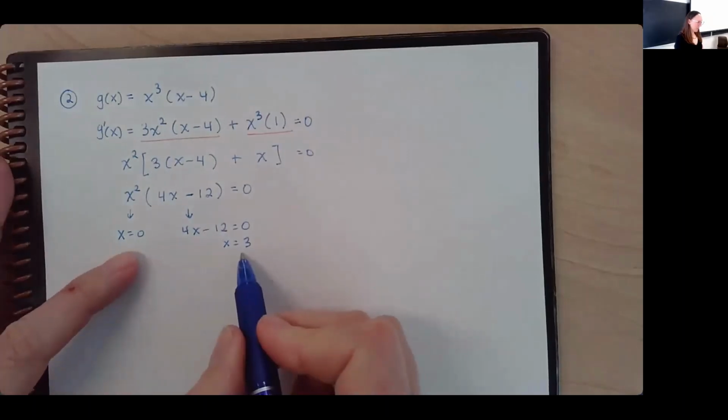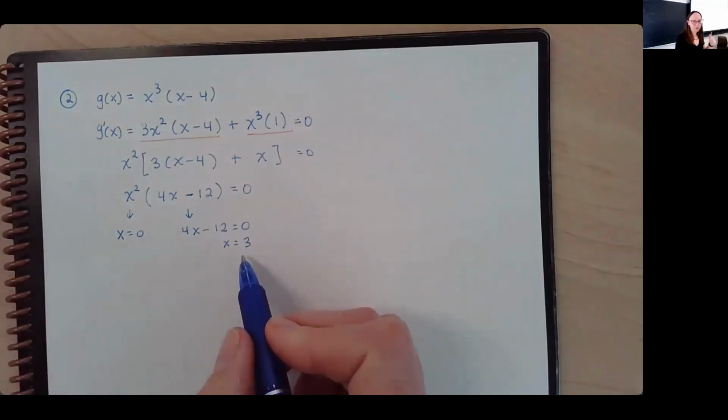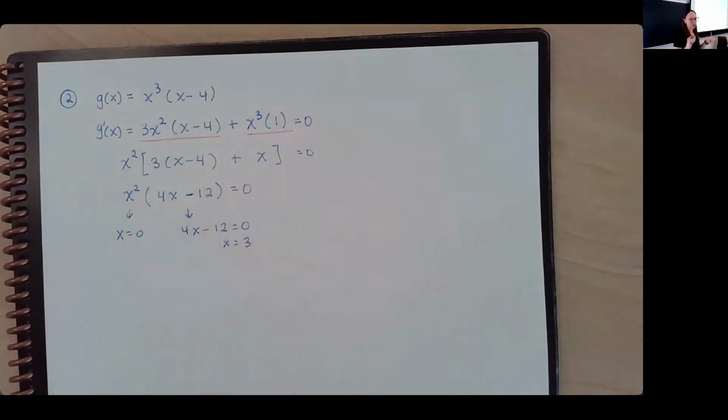So these are my two places where the derivative is equal to 0. But it's only a critical point if that point exists on the graph. So you just have to be careful about the domain of the function in terms of whether it's a critical point or a critical number. Back to this actual question.